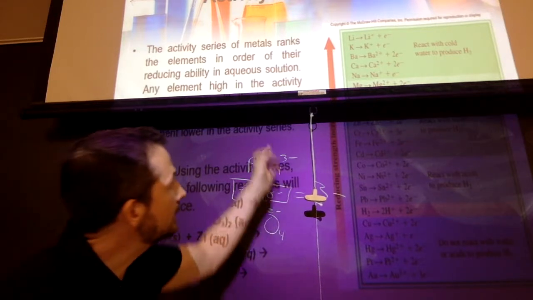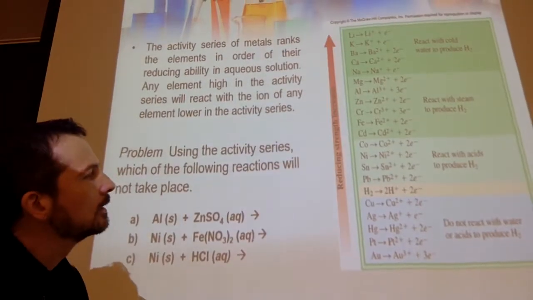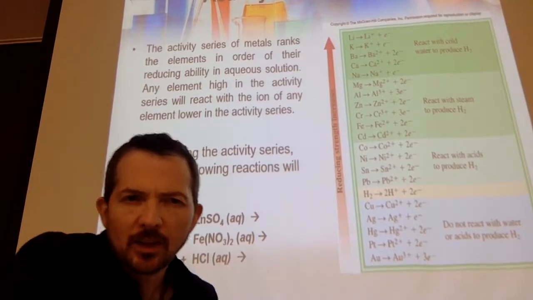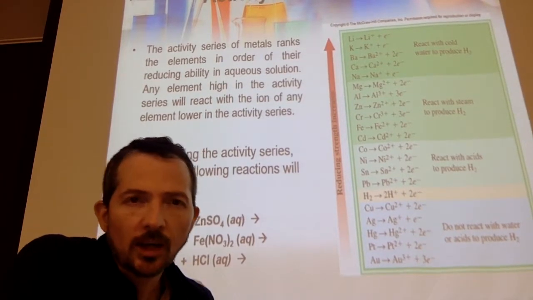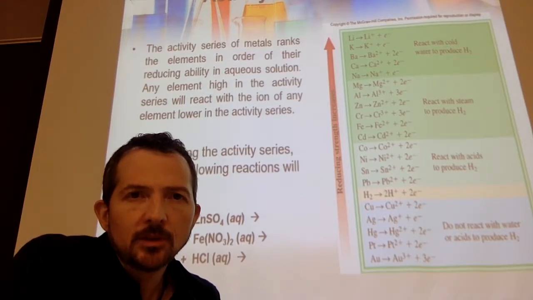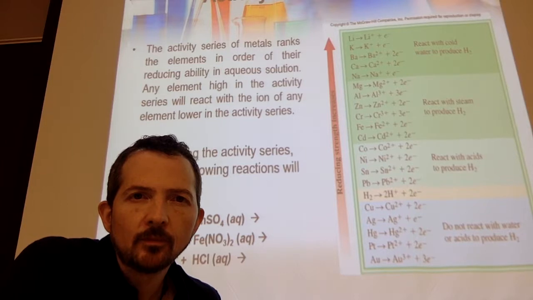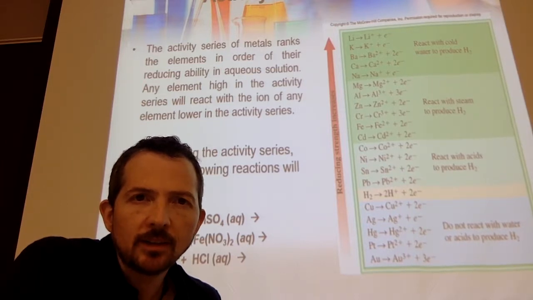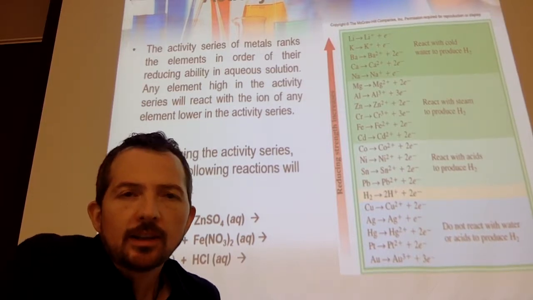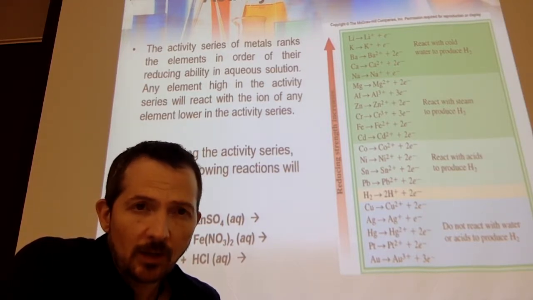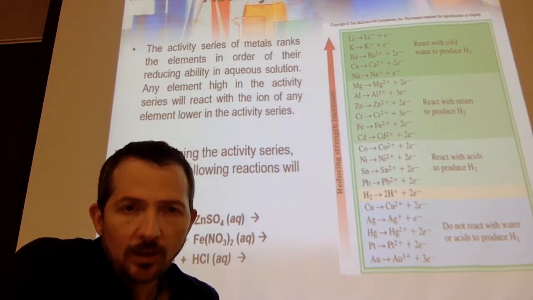Look at the activity series. This goes back to where we talked about the active metals, the metals that react with acids to give hydrogen. The activity series of metals ranks the elements in order of their reducing ability in aqueous solution. Any element high in the activity series reacts with the ion of an element lower in the activity series.